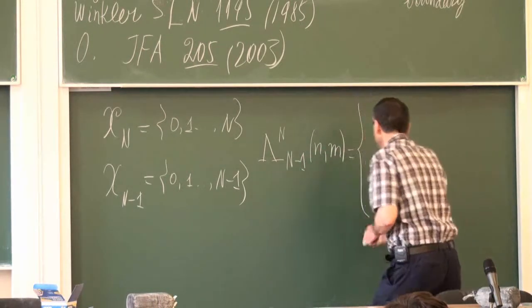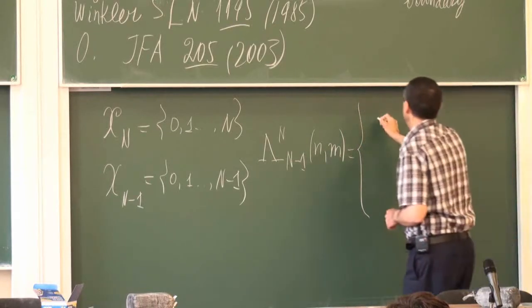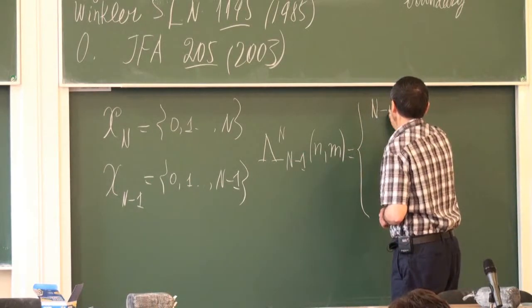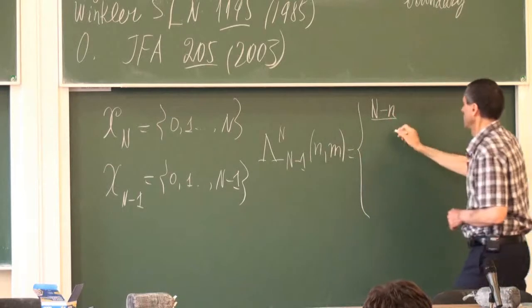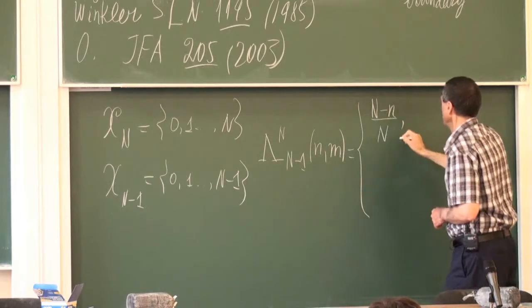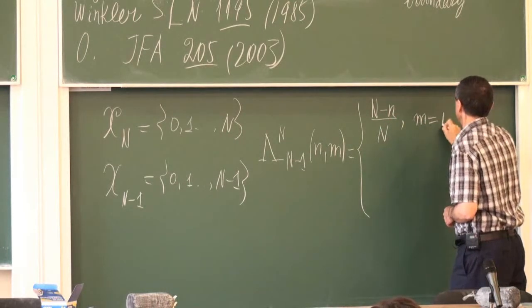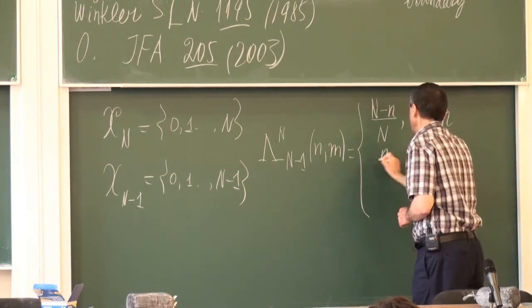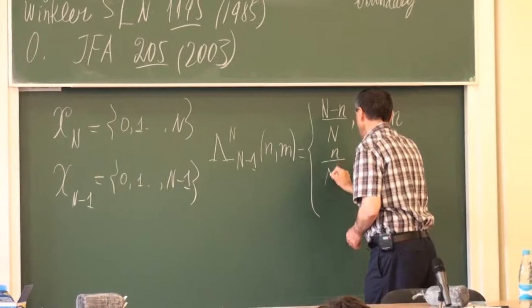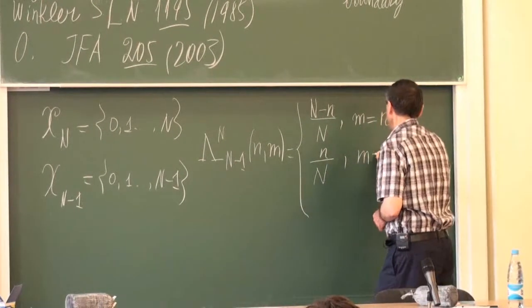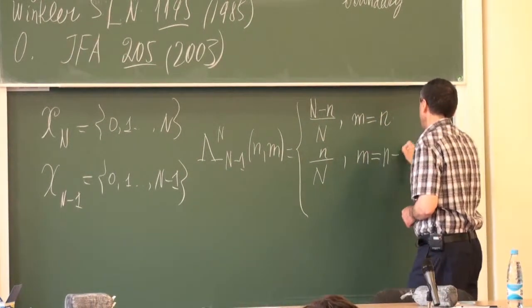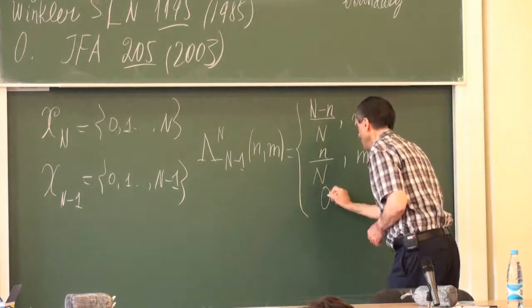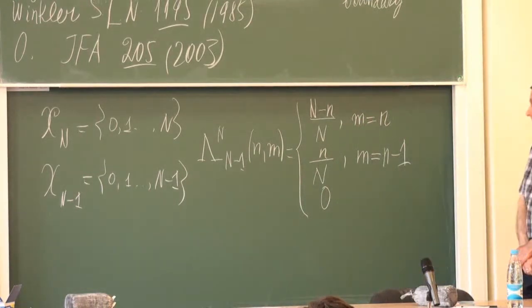This is equal to (N minus n) divided by N if m is equal to n, and n divided by the same quantity if m is equal to n minus 1, and 0 in all remaining cases.